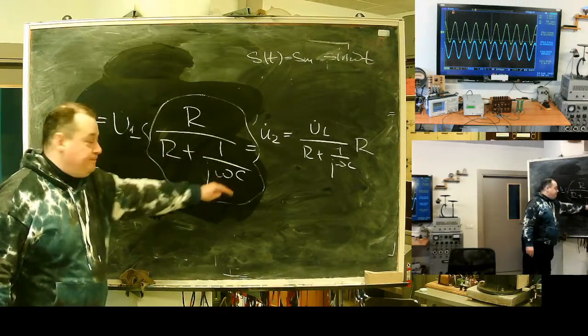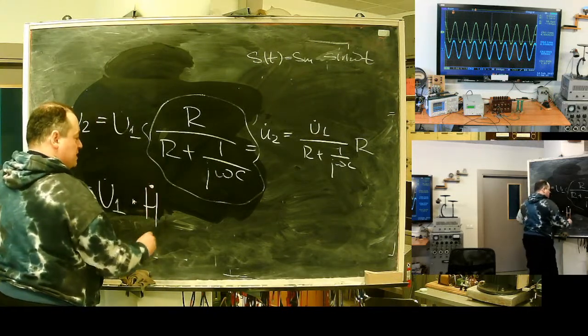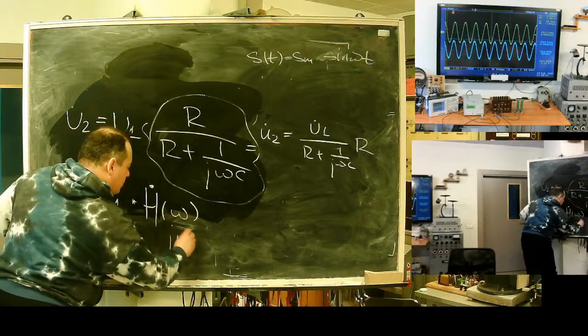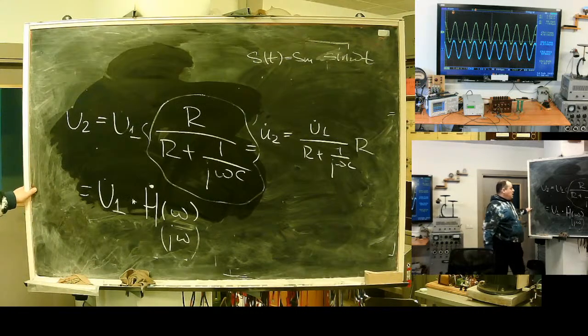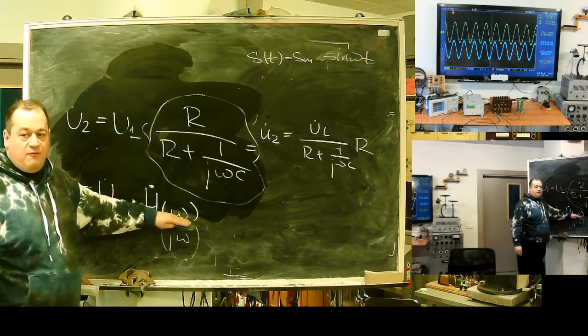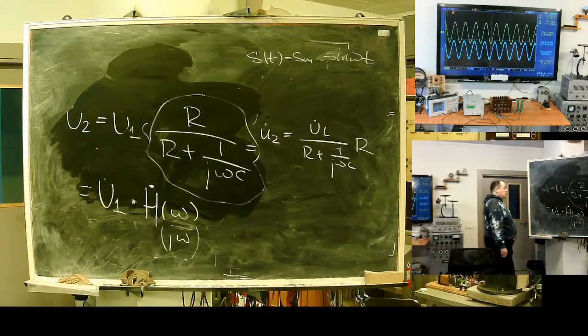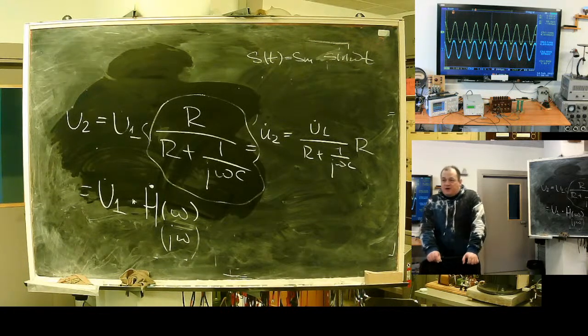Frequency. It's a complex function of frequency. Or I can also write complex frequency. There's no difference. It's a complex function of frequency. In the theory of signals, we call it the transfer function: output as a function of input.